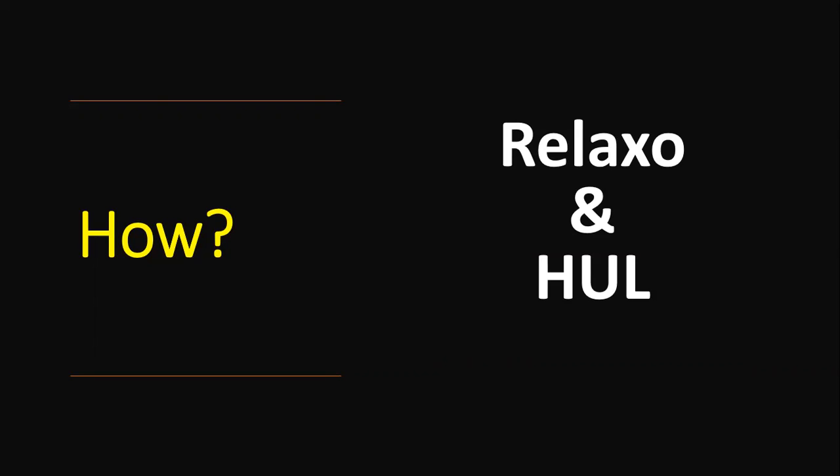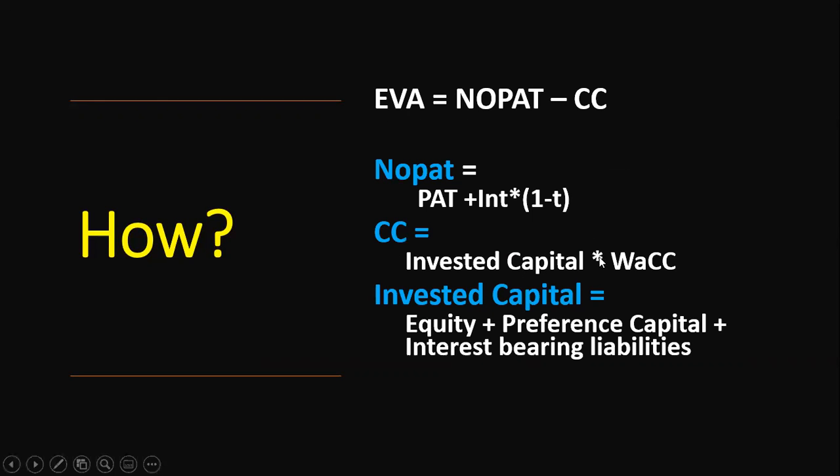But one of the critical things for the calculation is the concept of the weighted average cost of capital, and within it the cost of equity. Cost of equity can be calculated using the capital asset pricing model, or you can use other methods like dividend discount models. That is one of the limitations.